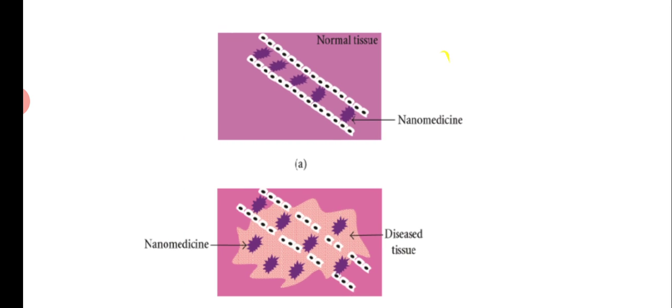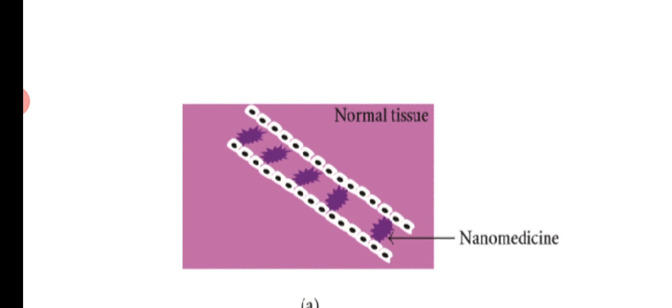So this is a demography of the normal cells as well as the diseased cells. We can see the cell membrane, or if it is a capillary wall also. In the normal cells, in picture A, the walls are strong enough, and it is not permeating the nanomedicines or any sort of medicines.